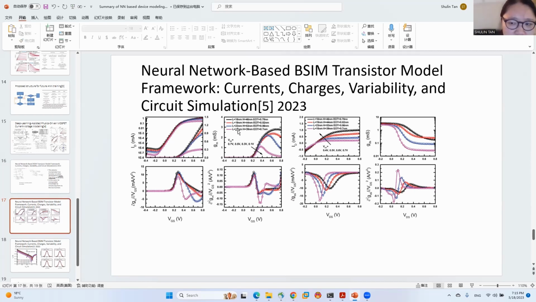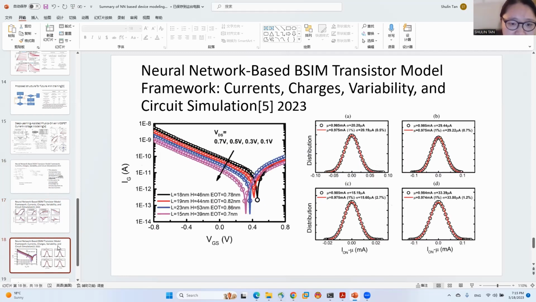So the neural network does produce something that predicts the device. It can predict situations that were not used as the input. So that's some of the test part.